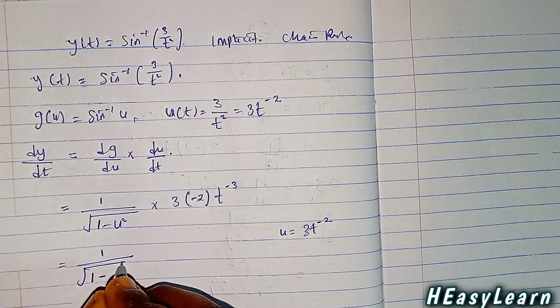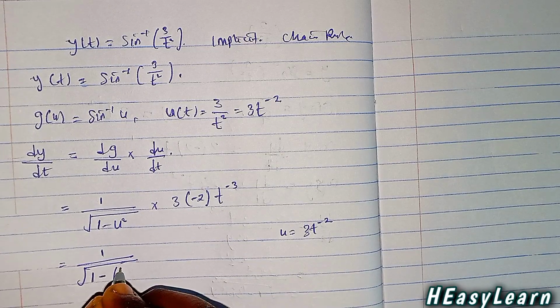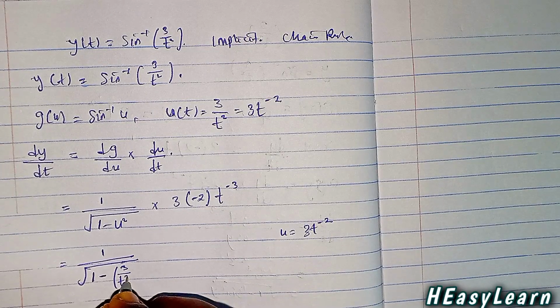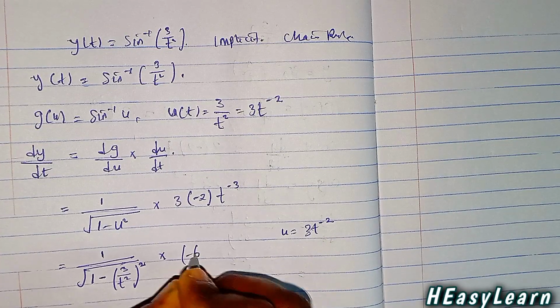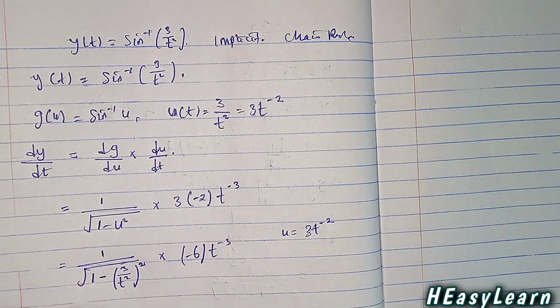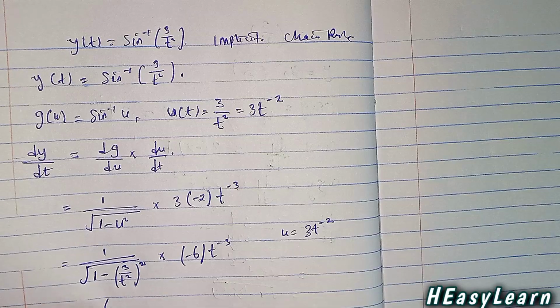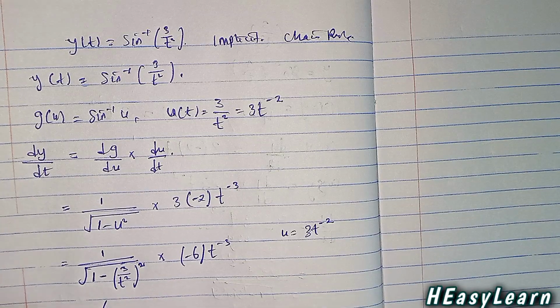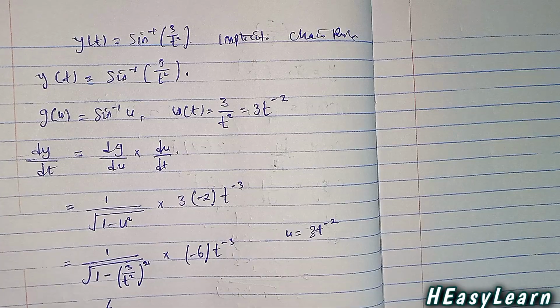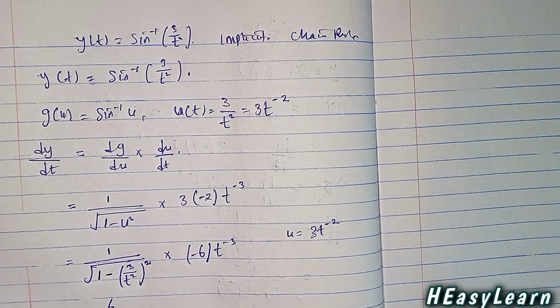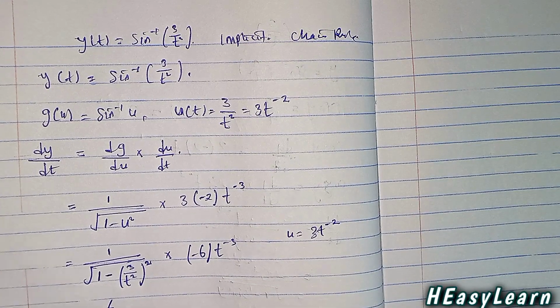Then plug in the value: 1 over square root of 1 minus (3 over t squared) all squared, multiplied by minus 6t to the power of minus 3, which gives minus 6 divided by t cubed square root of 1 minus 9 over t to the power of 4.